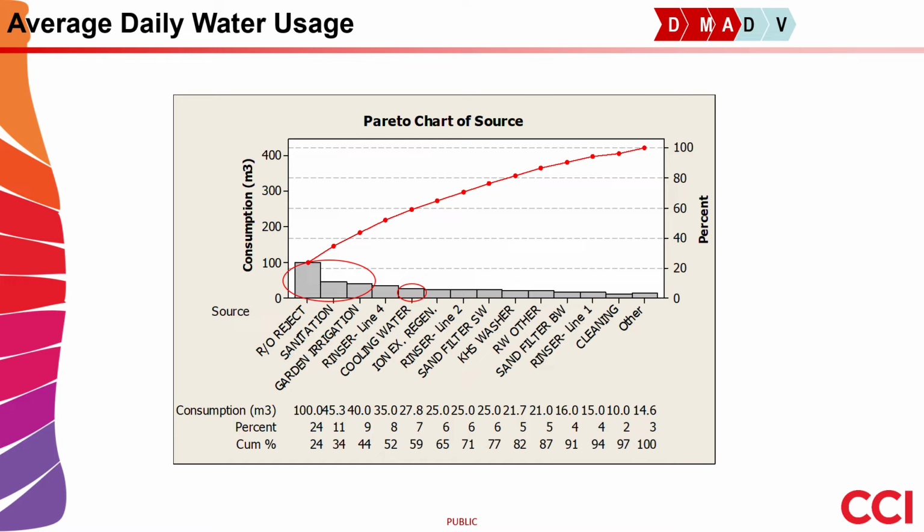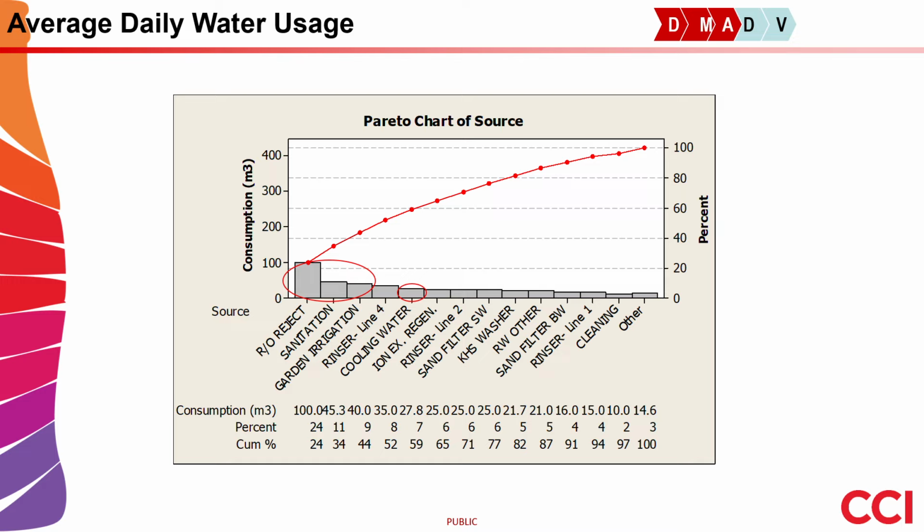Then we will have a Pareto chart drawn based upon the consumption of different areas. This chart shows that RO reject has maximum consumption, then sanitation. Next are garden irrigation, rinser, cooling water.